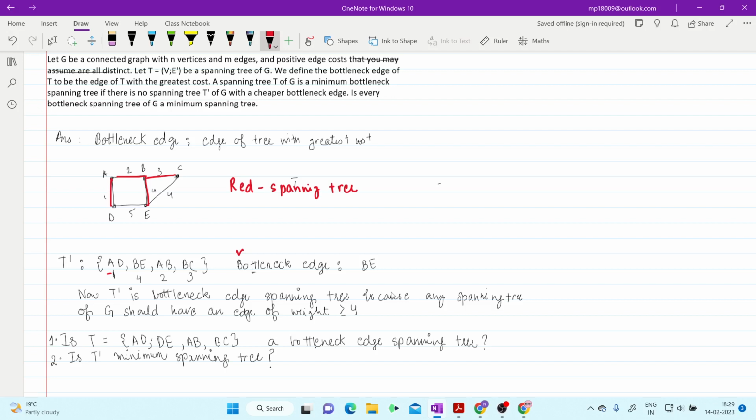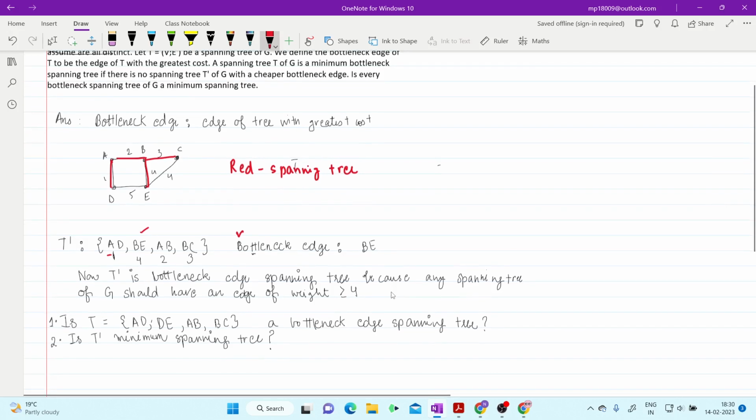So this is T prime. I have written it. This T prime you can see is the bottleneck edge spanning tree, because the highest weight edge is 4, and you cannot have any other spanning tree which has a bottleneck edge of lower weight. Why is T prime a bottleneck edge spanning tree?